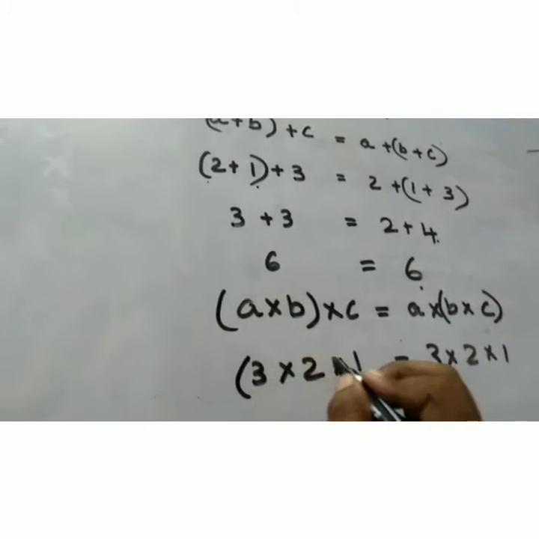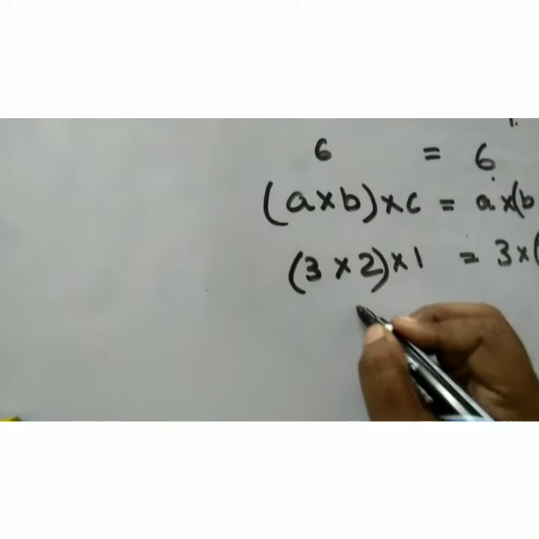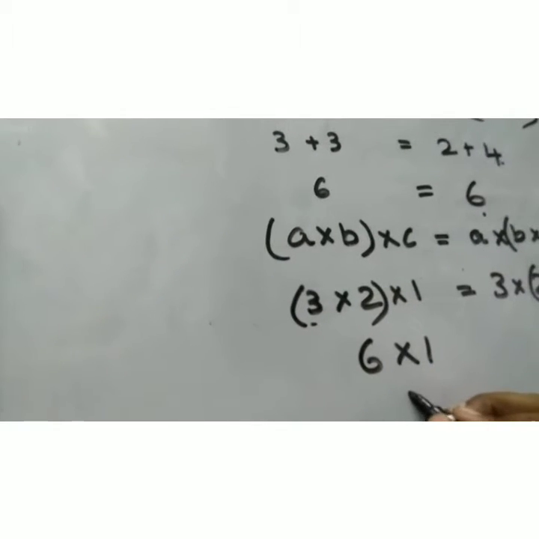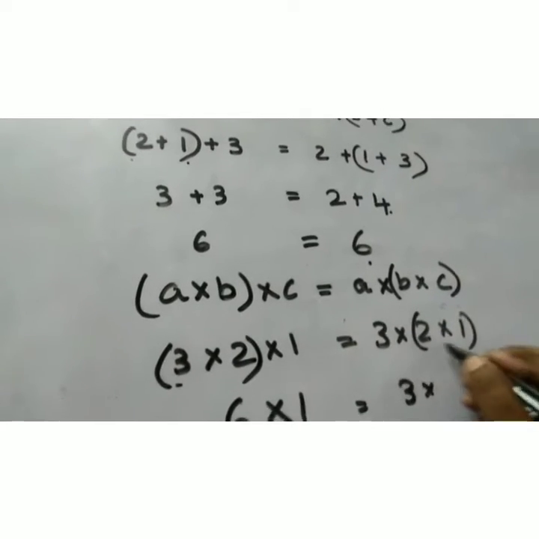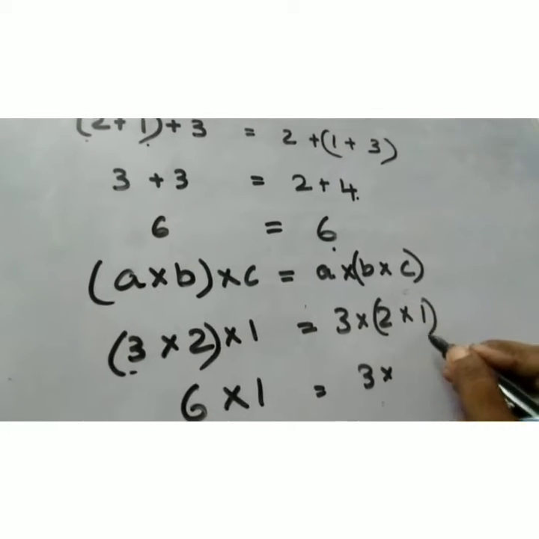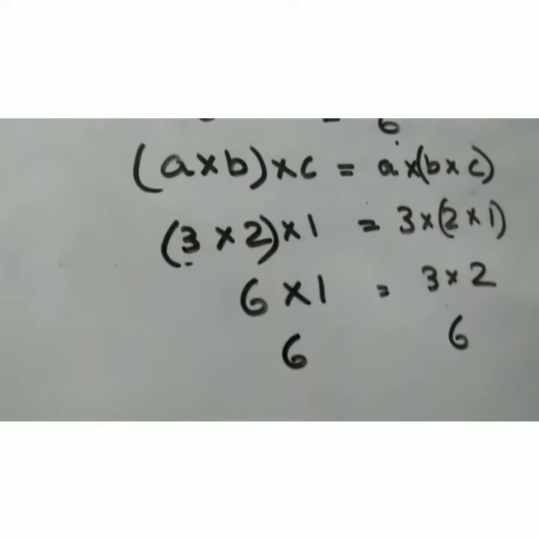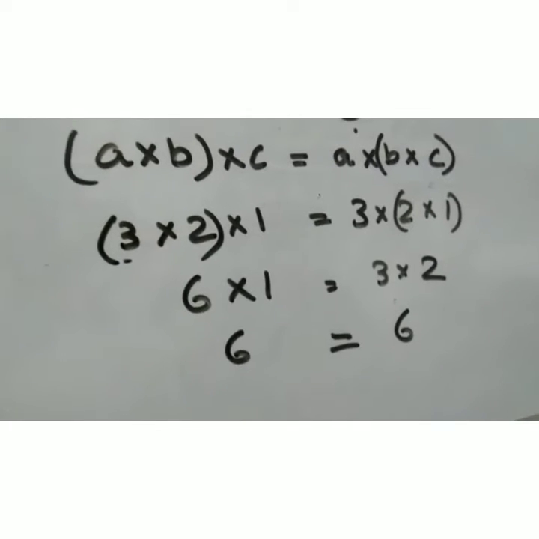Okay, first pair this one and then what's the answer? 3 into 2 is equal to 6, into 1 is equal to 6. On the other side, first you multiply in the bracket, 2 into 1 is 2, 3 into 2 is 6. The answer is the same on both sides.